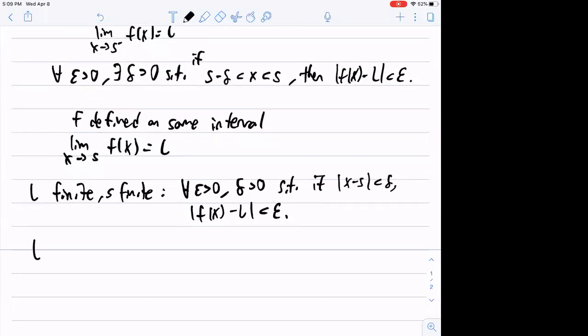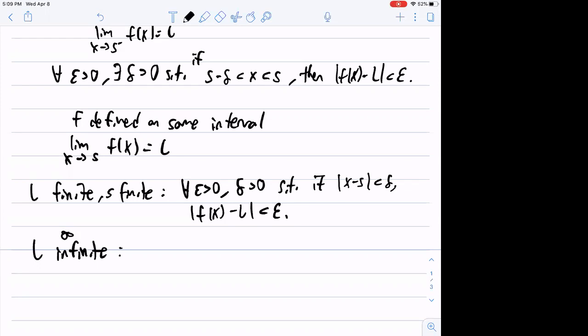So now L infinite. By infinite, I mean positive infinity. What does it mean for the limit to be positive infinity? What is a way to say your number gets arbitrarily big? It means for any number I choose, after a certain point, all my values are bigger than that number, right?